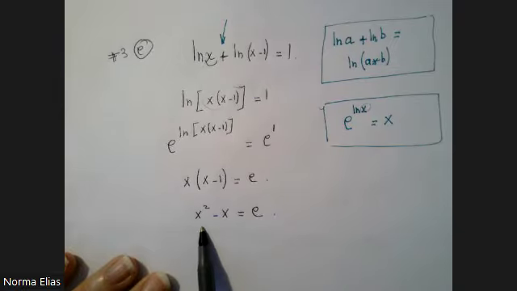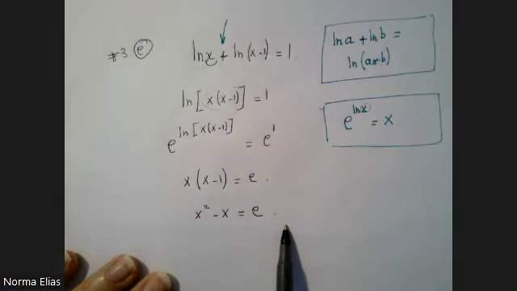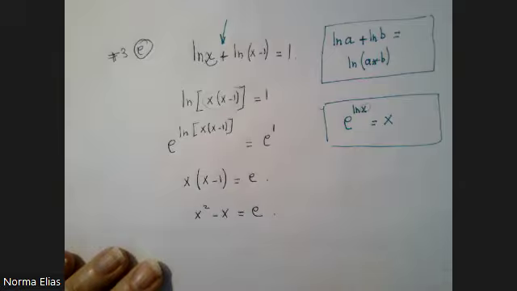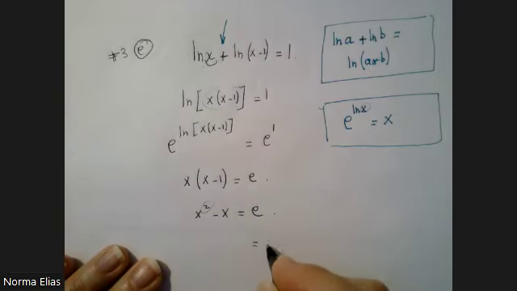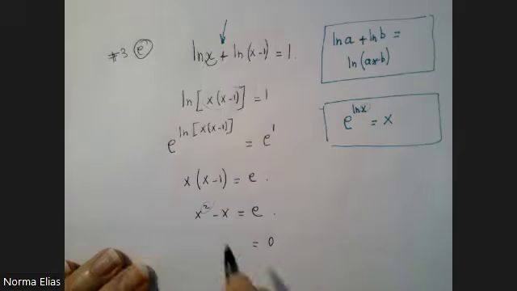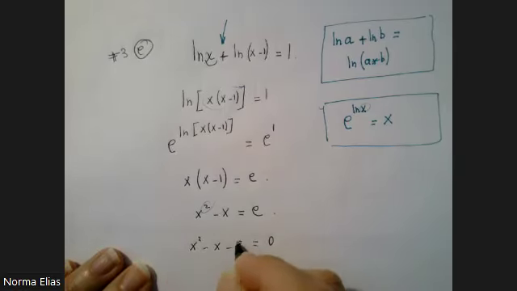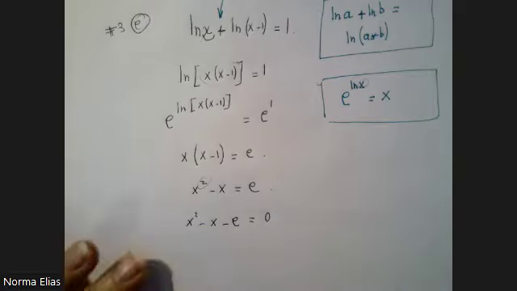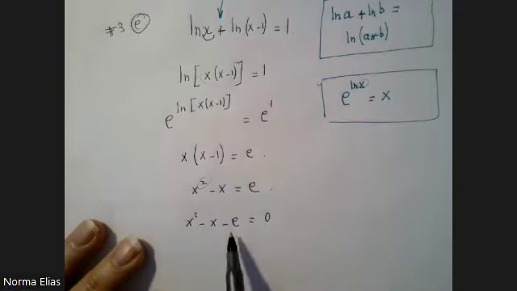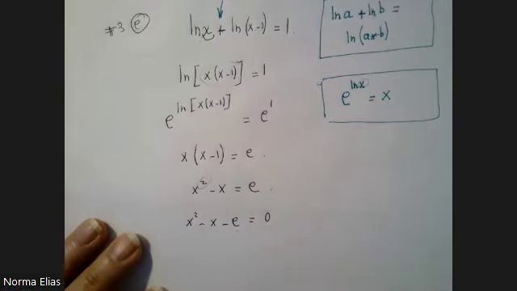Okay, this is the beginning of a quadratic equation, right? So x squared minus x equal to e. And whenever we want to solve a quadratic, it means we have power 2, we have to set the right side equal to 0. So this will tell me x squared minus x minus e equal to 0. Now at this stage, we usually factor. But with the e in the picture, factoring is actually not going to be possible.